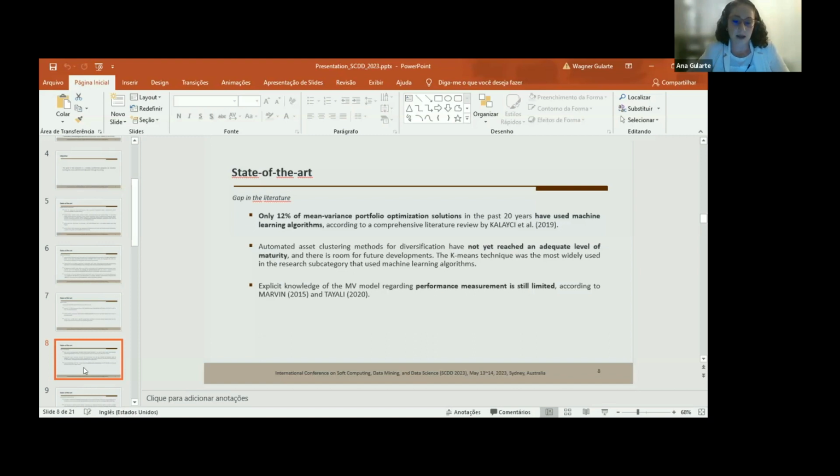The K-means technique was the most widely used in the research subcategory that used machine learning algorithms. Explicit knowledge of the mean-variance model regarding performance measurements is still limited according to Marville and Tayali.